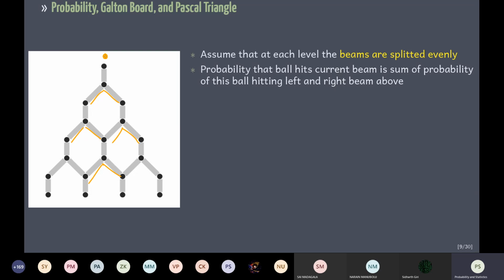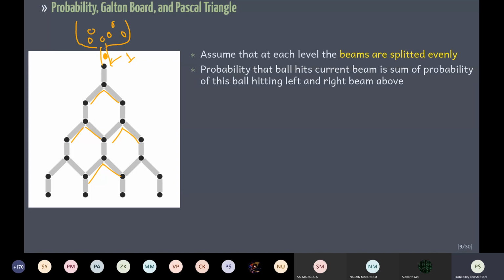The ball falls from here, so we can fix for a moment that one ball falls from here. The probability that the ball will hit the first divider is 1, because that's the only gap that you have, and then you have a container for the balls here.